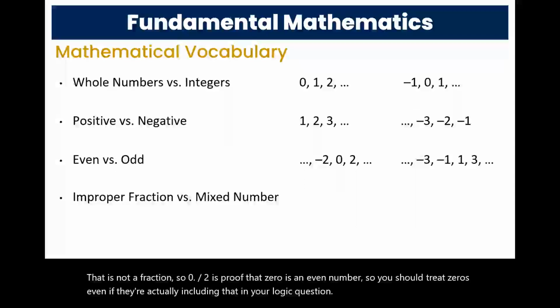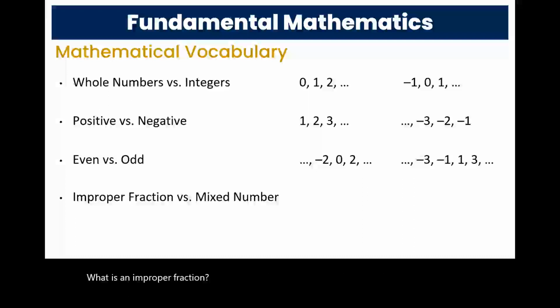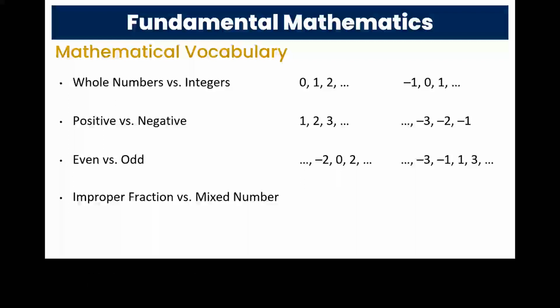What's the difference between an improper fraction and a mixed number? What is an improper fraction? What's the numerator of an improper fraction?